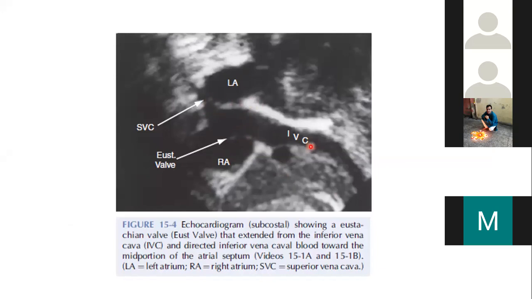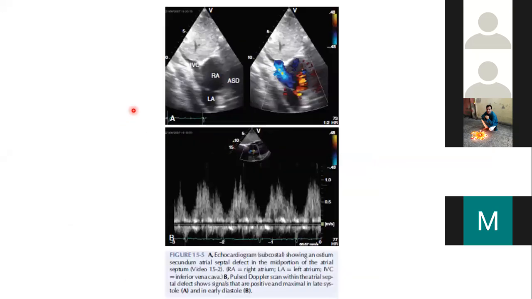Usually the blood coming from the IVC is directed across the ASD into the left atrium by the Eustachian valve. This echocardiography shows the right atrium, left atrium and the ASD in between, and the IVC. In front of it we can see the flow, with blood coming from the IVC crossing the ASD into the left atrium. So it is preferentially directed into the ostium secundum type of ASD, whereas the blood coming from the SVC is usually preferentially directed towards the ostium primum type of ASD.